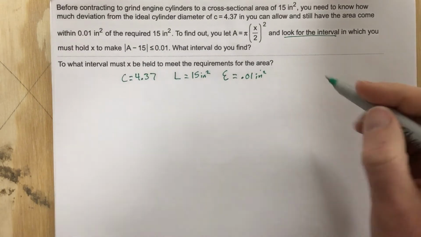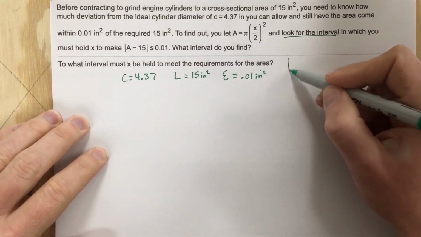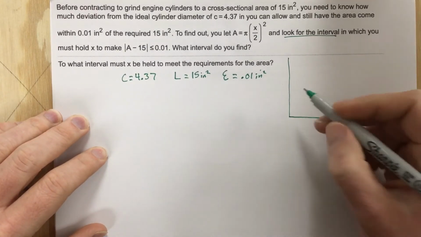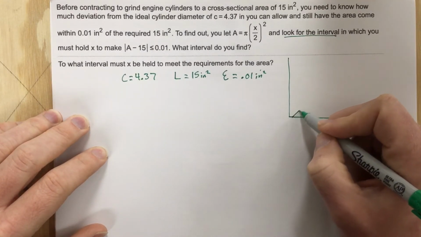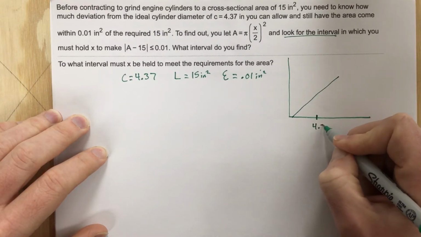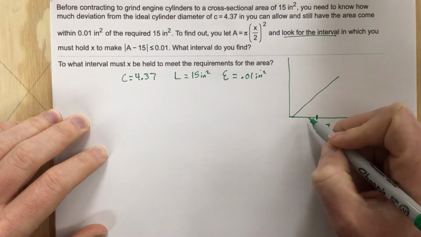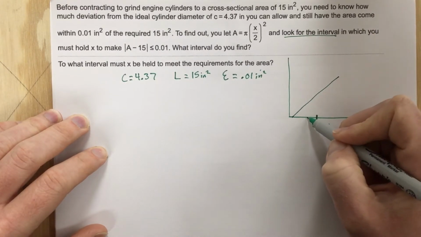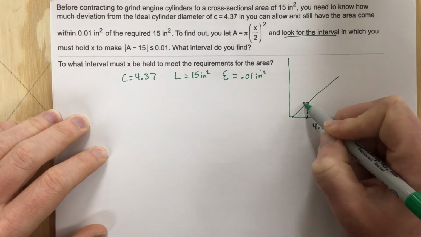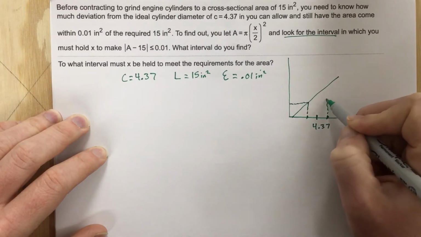Well, if we go back to our problems that we've been doing, they're saying, all right, we have some equation. I'm just going to draw a linear one because it's easy. We have some c value that's 4.37. We have x values that we don't know that we're going to try to find that produce y values.